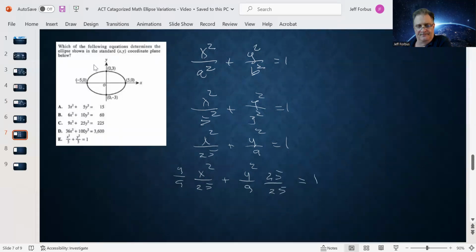All right, so that's going to give us 9x squared over 225 plus 25y squared over 225.